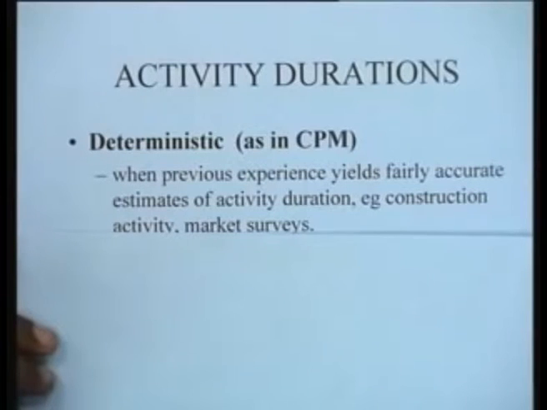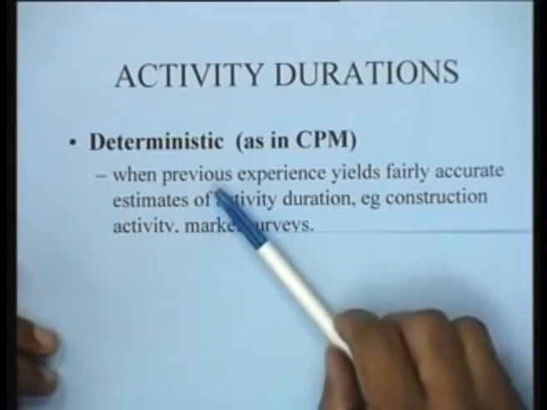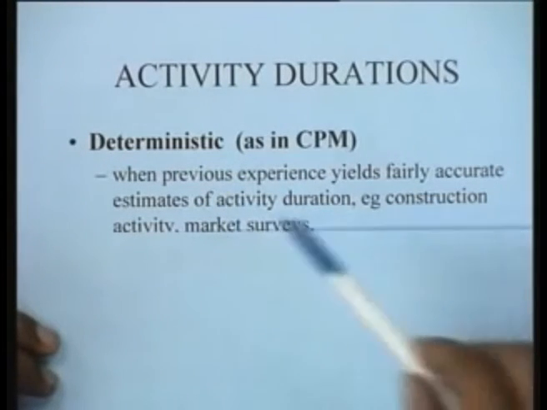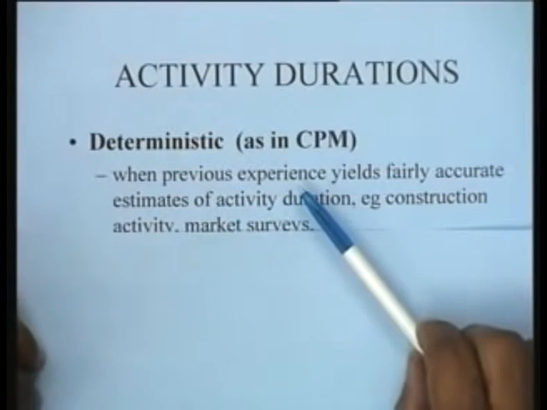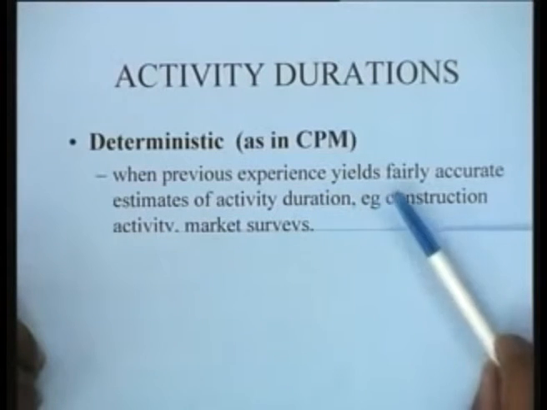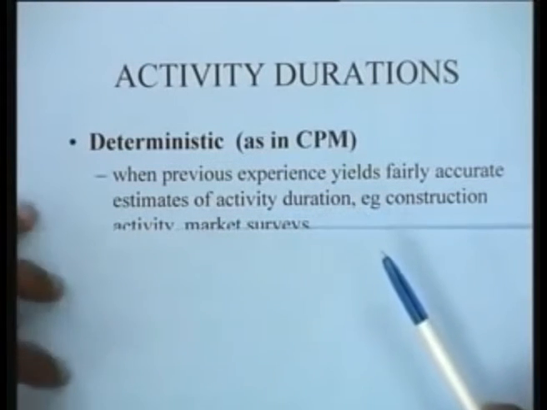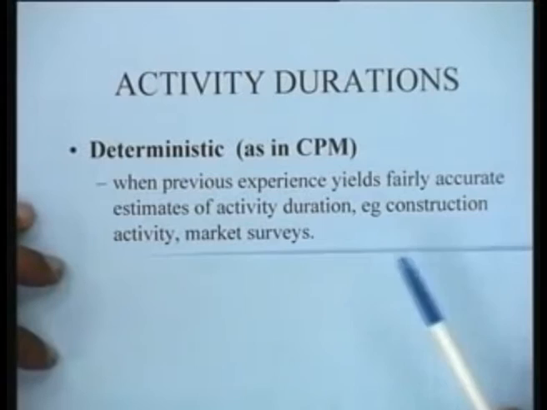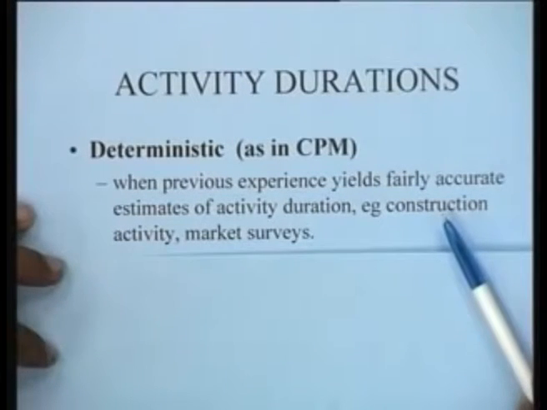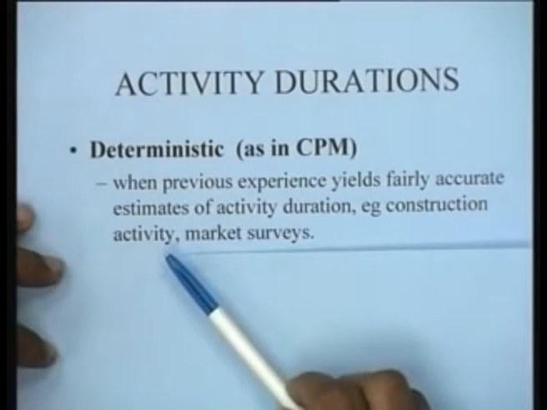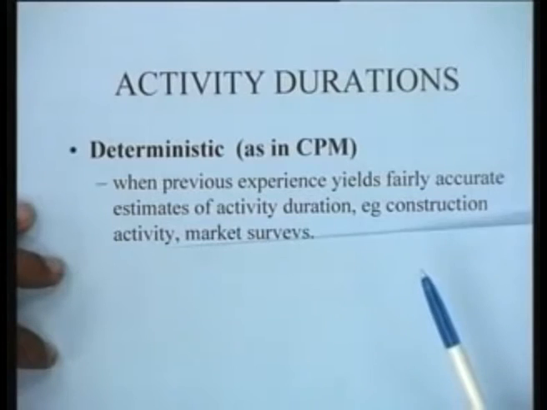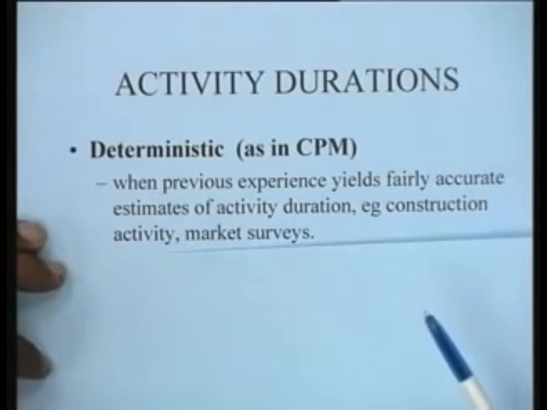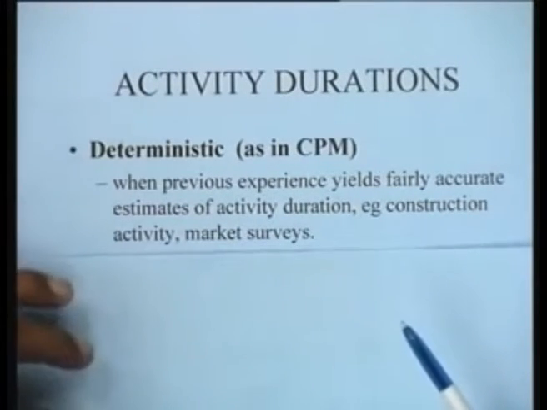When we are talking about deterministic estimates of time, these are typically used when previous experience yields fairly accurate estimates of activity duration, as for instance in construction activity, or in conducting market surveys for which you have previous experience, and therefore you can estimate the times quite exactly.